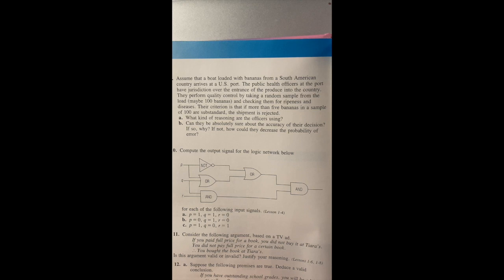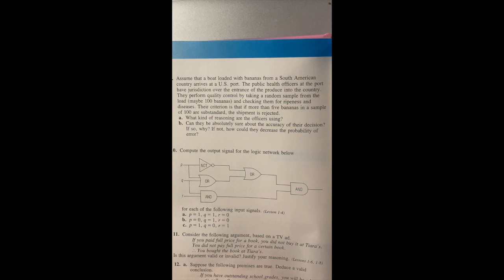But how could they decrease the probability of error? Well, if they could check more than 5 bananas, they could decrease the probability of error down to 0 if they looked at absolutely every banana in the shipment. The more bananas they look at, the better the accuracy of their decision.